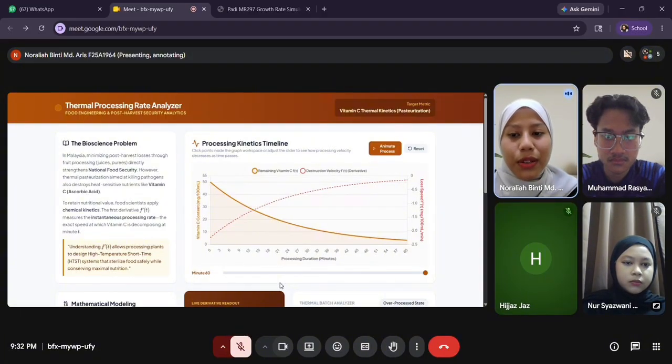If we don't study this processing kinetics, factories will either under pasteurize, making the juice unsafe for the public, or over pasteurize, leaving the customer with zero vitamin benefit.